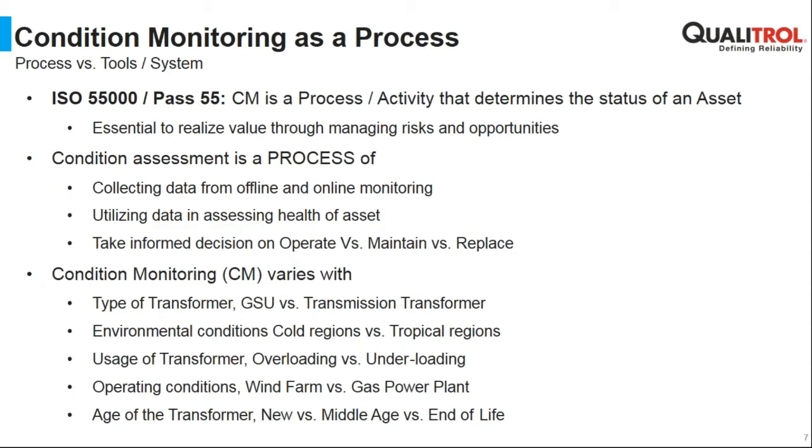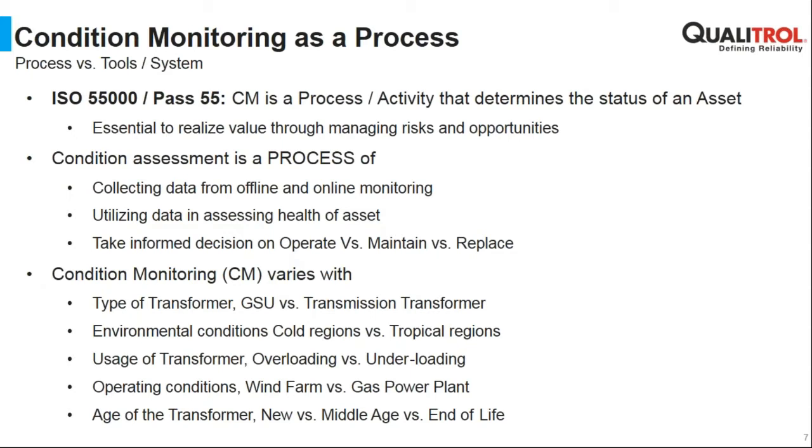Similarly, environmental condition: a transformer installed in a colder region may not require as much moisture monitoring. Usage of transformers: condition monitoring on an overloaded transformer will have to be much more comprehensive than on underloaded or 50% loaded transformers. Operating condition: if you take the example of wind farms, the biggest problem with wind farms is transients.